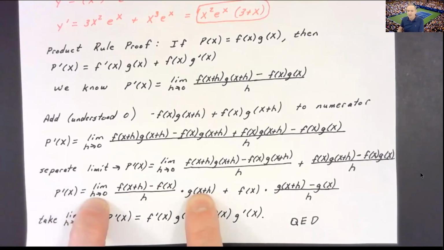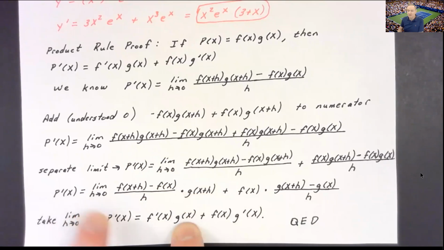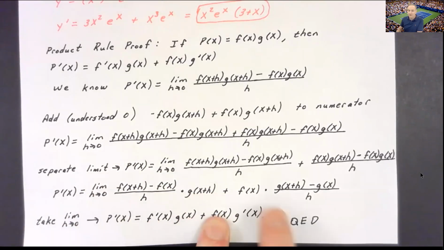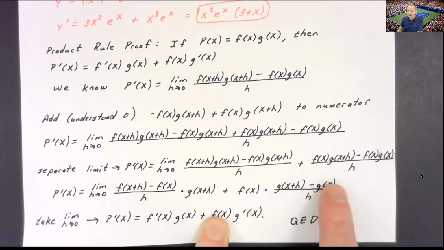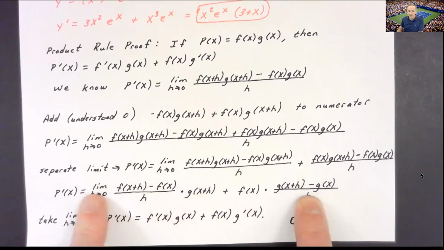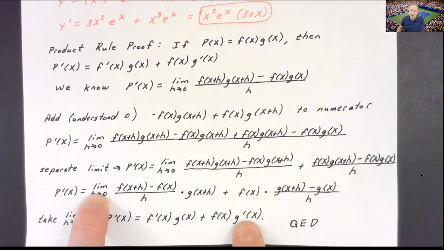Well, as h goes to 0, that just becomes g of x. So I have the derivative of the first times the second plus f of x, which doesn't have an h in it, so it's just f of x, times what happens to g of x plus h minus g of x over h as h goes to 0? Well, again, it's the limit definition of a derivative for the function g, so that is g prime of x.